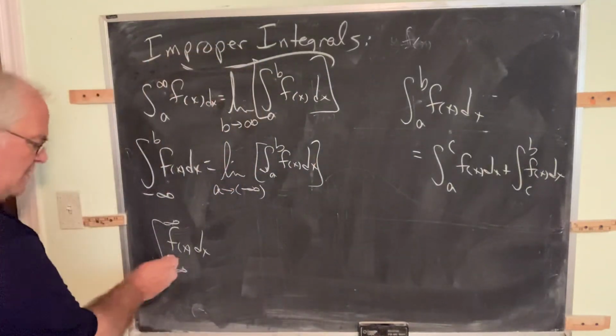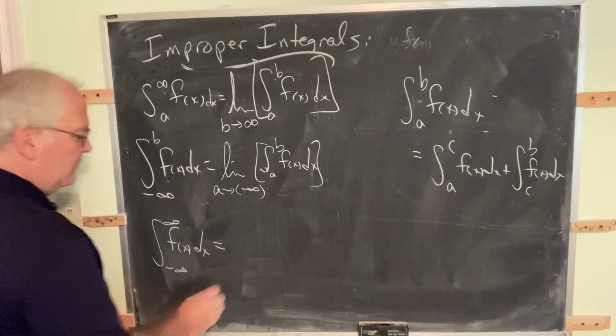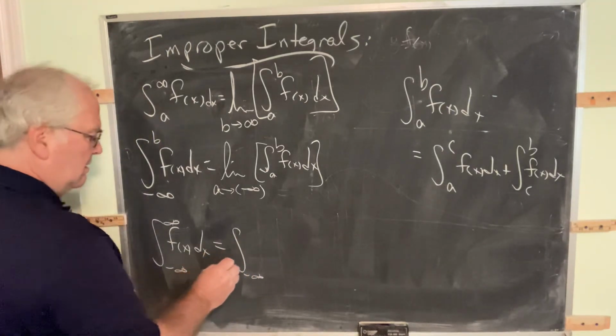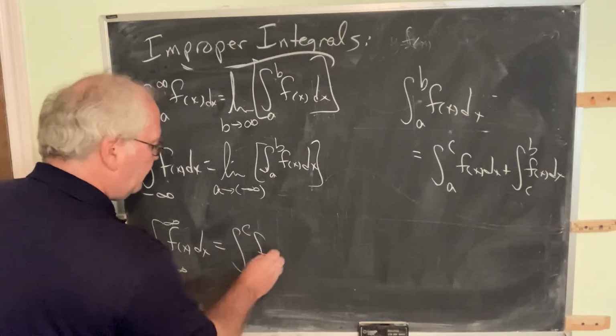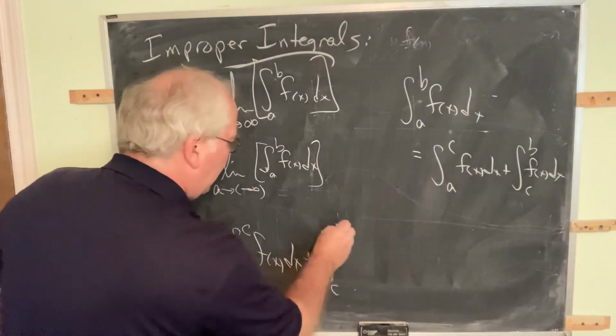And so we may split this at any convenient value. We may rewrite this as negative infinity to c, and then c to positive infinity.